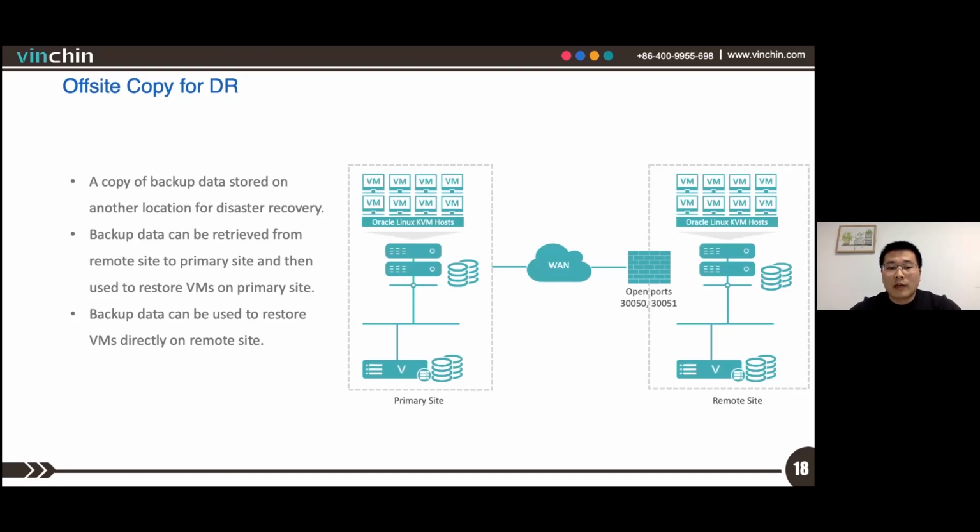Once you have deployed a Vinchin backup server on the remote site for offsite copy, in case any disaster takes place and the primary site is destroyed, you have the option to restore virtual machines of the primary site to the remote site virtual infrastructure to bring your business back online. And after the primary site is rebuilt, you can retrieve the copy data to the primary site and then restore the original virtual machines there.